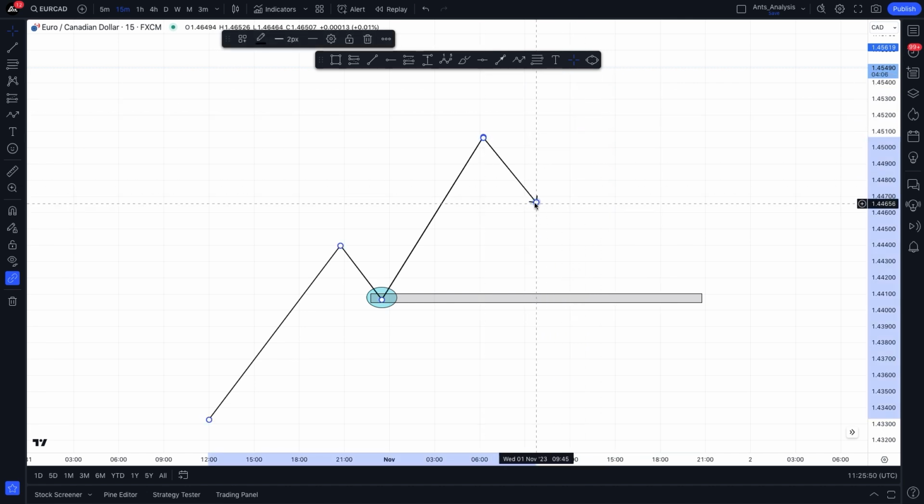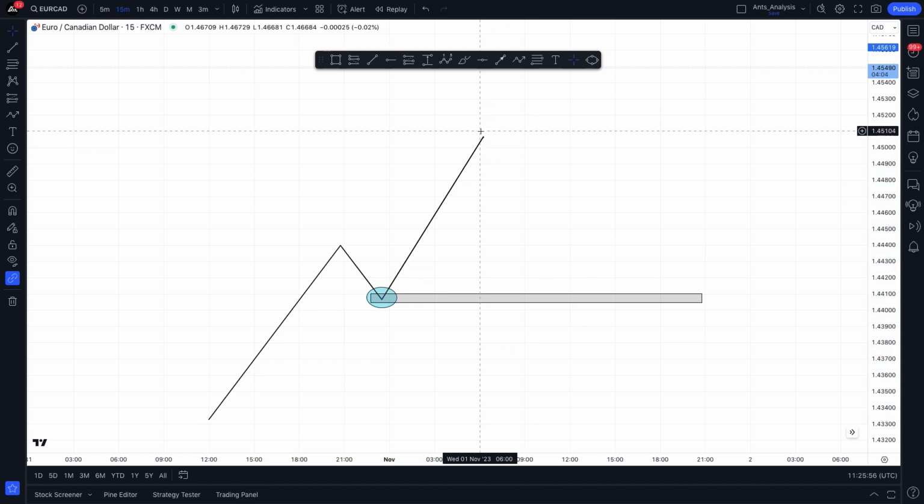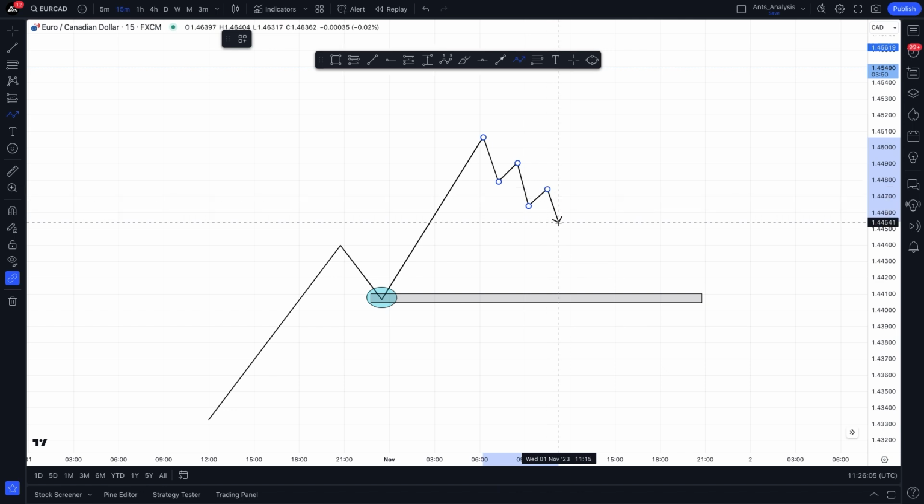So when price is pulling back from this higher high, we want to be jumping down to the lower time frames to really see how the market is pulling back. And most of the time, the market is pulling back within bearish market structure. We are forming lower lows followed by lower highs.